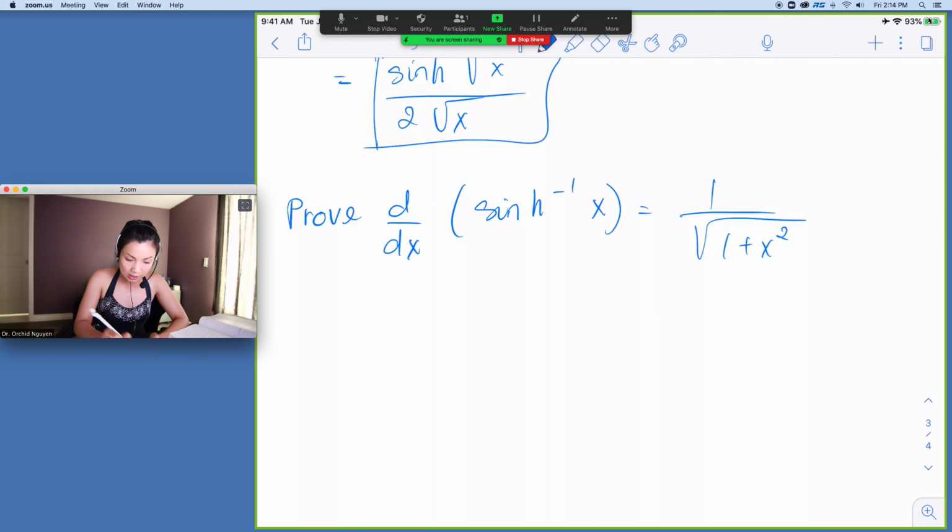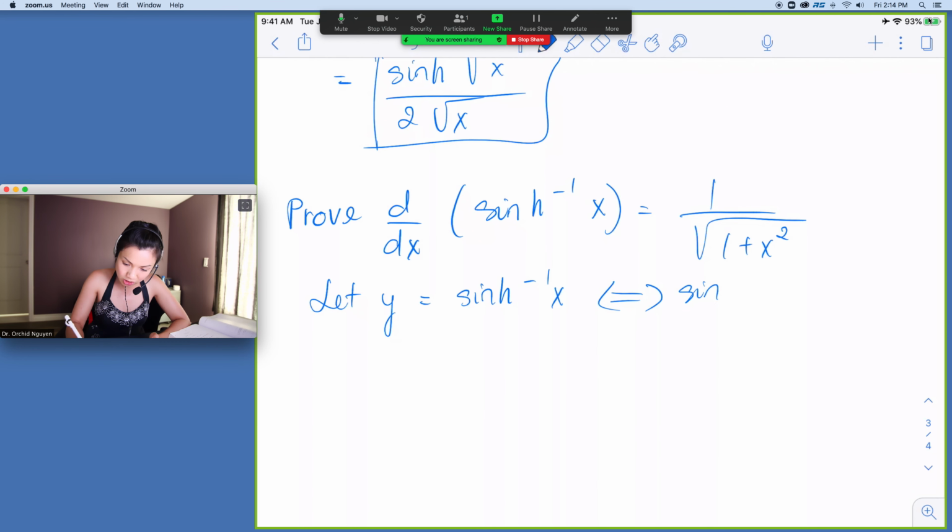Now, what if we let y be the inverse hyperbolic sine of x? That means the hyperbolic sine of y is going to be x.